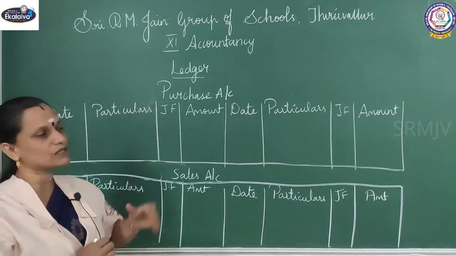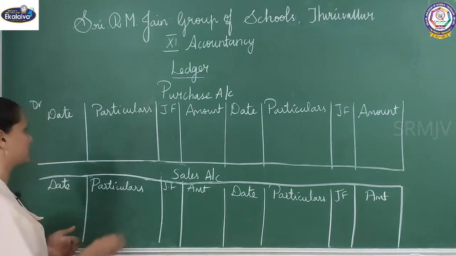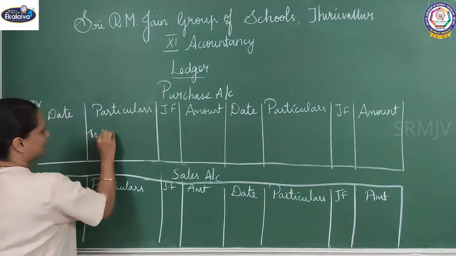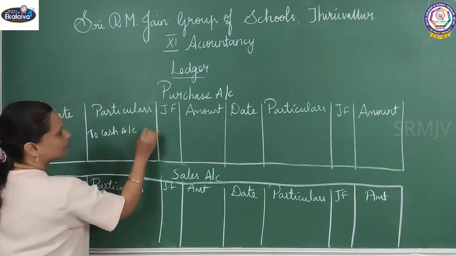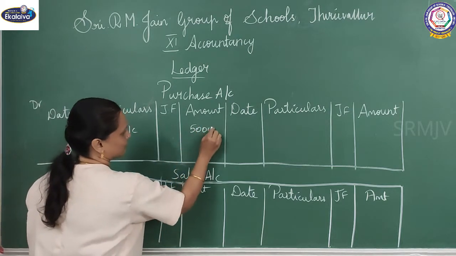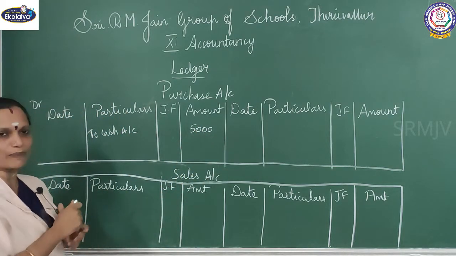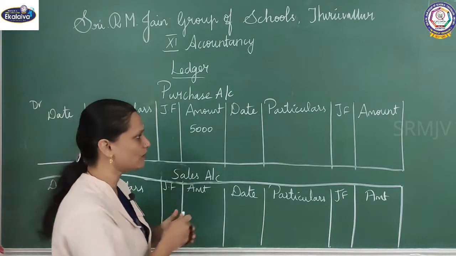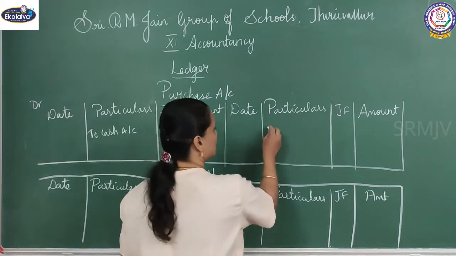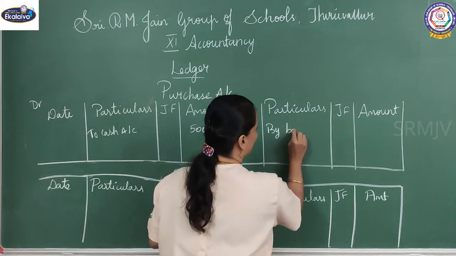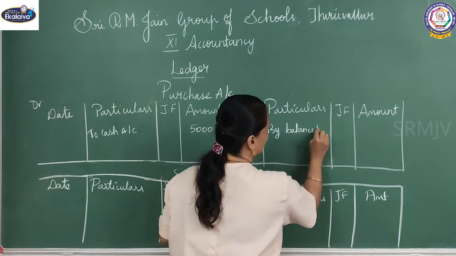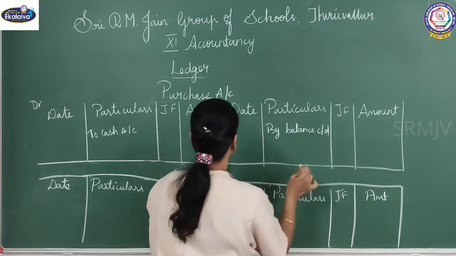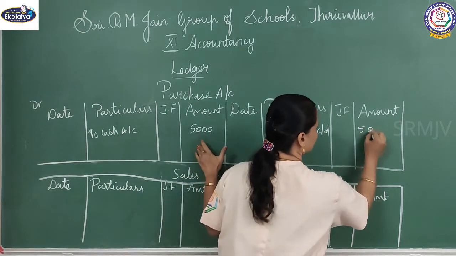In purchase, usually we write 'To cash account, 5,000 rupees'. I will tell you how we balance this ledger. Here 5,000 is there, and here we carry on with 'By balance carried down', 5,000 rupees.